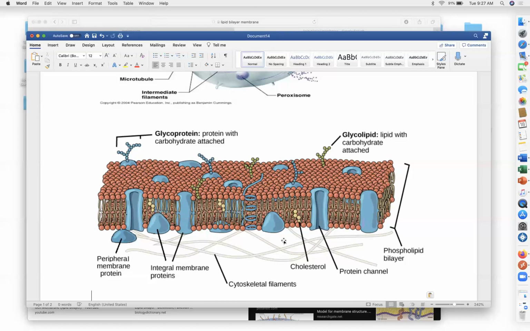Maybe you're familiar with some of these transport proteins. Maybe you go to the doctor and we talked about your VLDL, your LDL and your triglycerides. That's a measurement of fat. Your VLDL and LDL, which stand for very low density lipoprotein and low density lipoprotein, are proteins that can carry fat, including cholesterol, either into the cell or out of the cell.